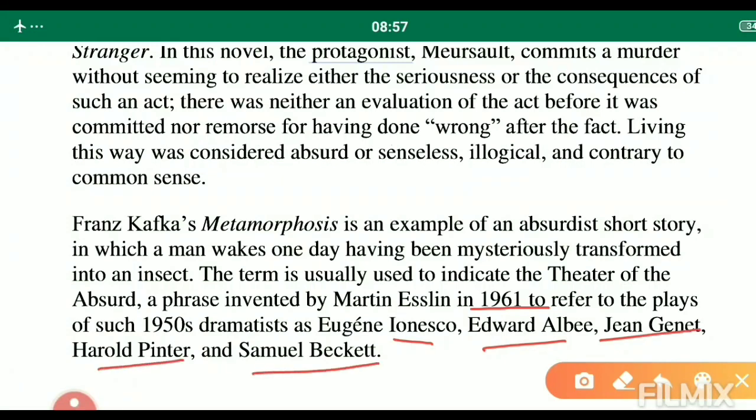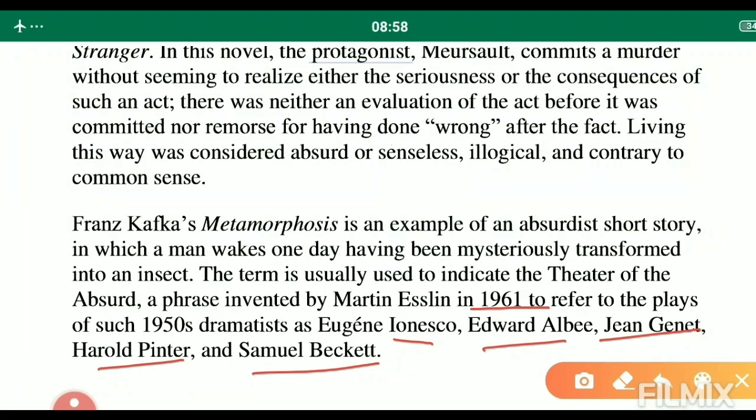So basically, it was Martin Esslin who invented this term, theater of the absurd, in 1961 to refer to the plays of 1950s dramatists who were Eugene Ionesco, Edward Albee, Jean Genet, Harold Pinter, and Samuel Beckett.